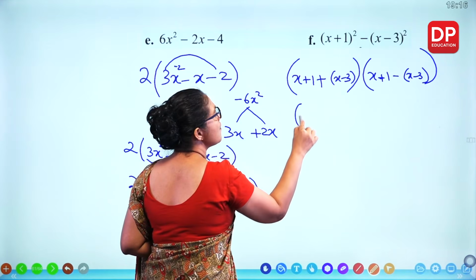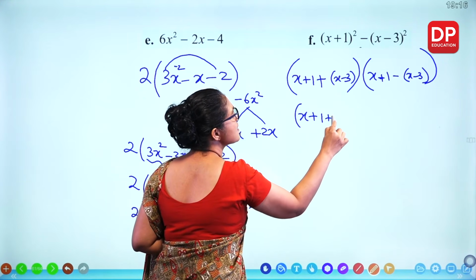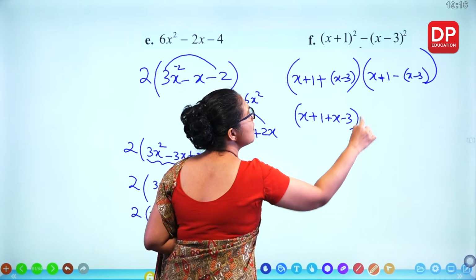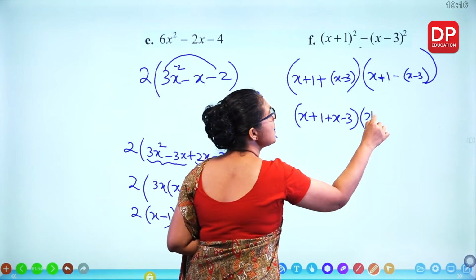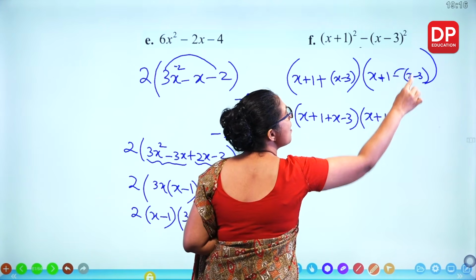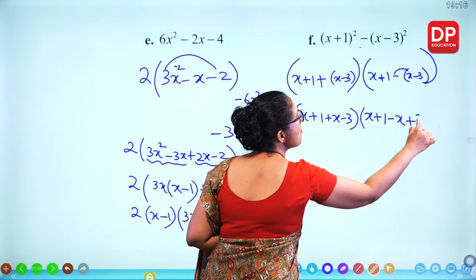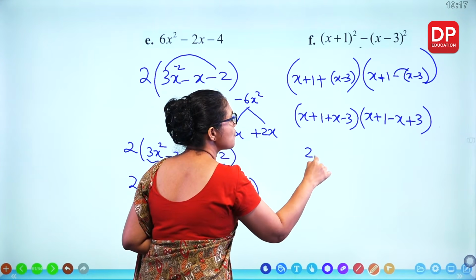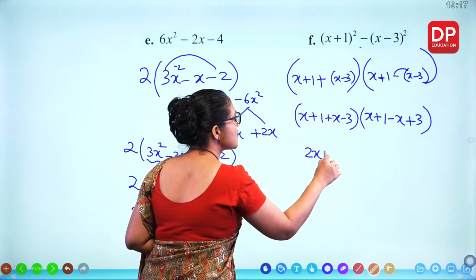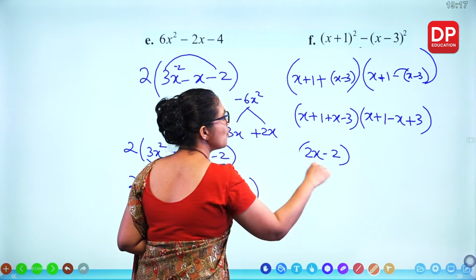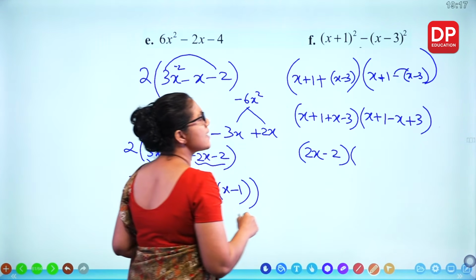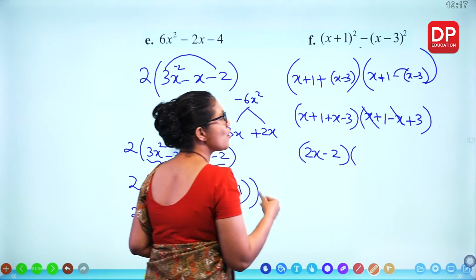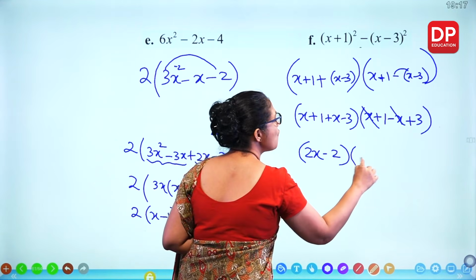So here you can write x plus 1 plus x minus 3. What about this one? You can write x plus 1 minus x and plus 3. So when you simplify this, x and x becomes 2x, 1 minus 3 becomes minus 2. What about this one? X minus x get cancelled out. 3 plus 1 becomes 4.